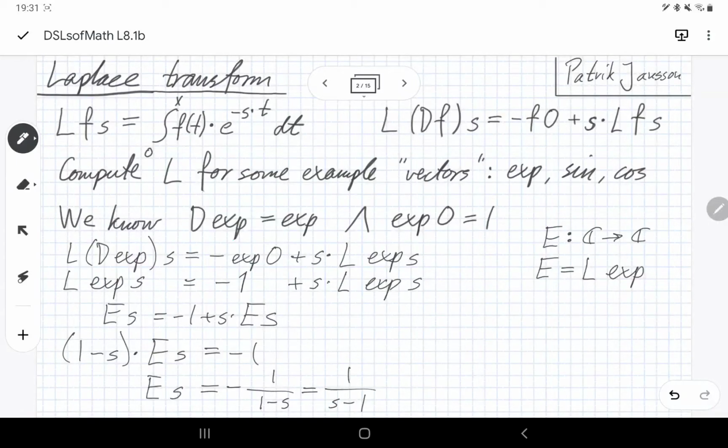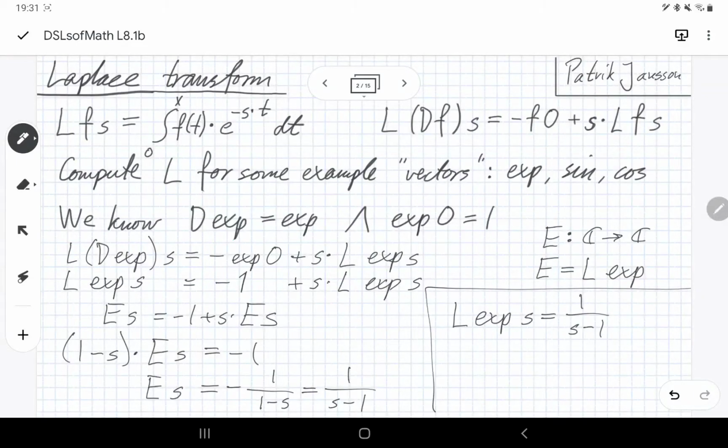Okay, so what have I proven here? I've shown that starting from the specification of exp and the LD law, the Laplace derivative law, I've computed the Laplace transform, and I can record it here, that the Laplace transform of exp at s is equal to 1 over s minus 1.